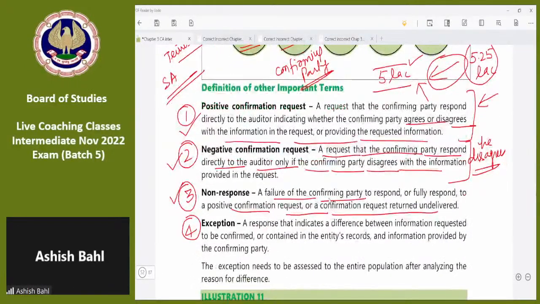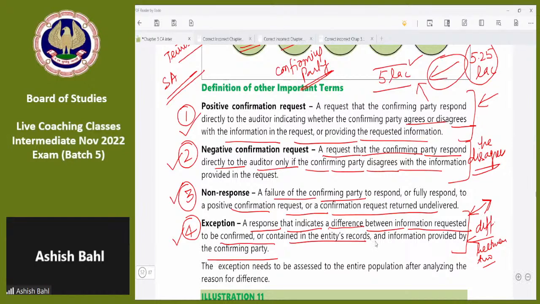Now the other party gives a response, but exception means a response that indicates a difference between information requested to be confirmed and information provided by the confirming party.